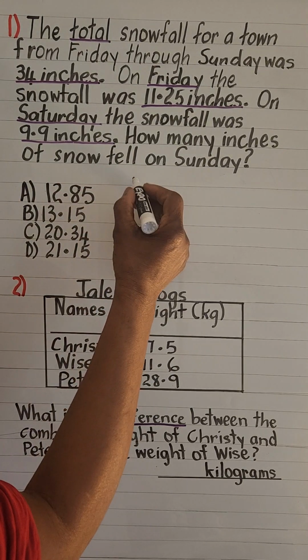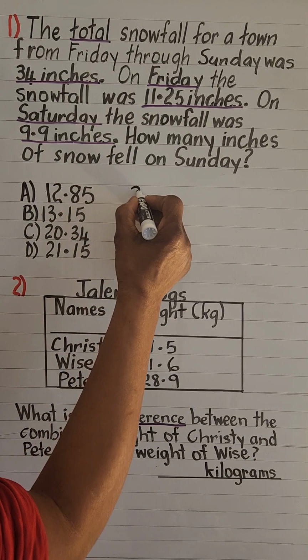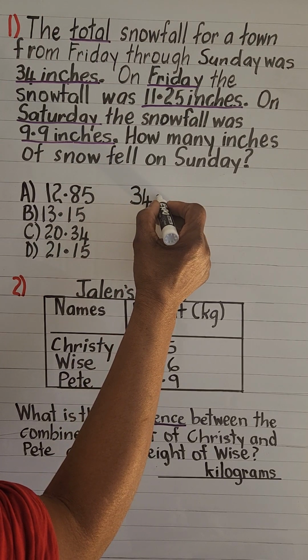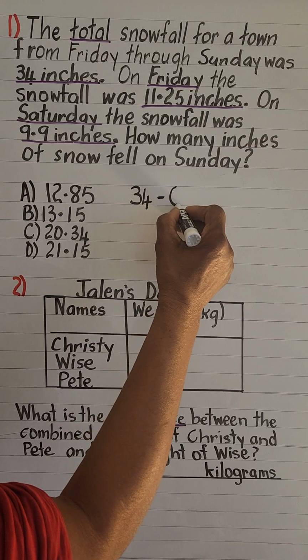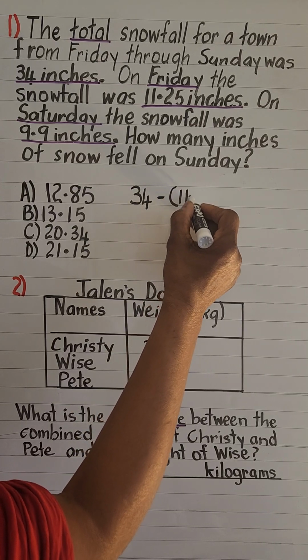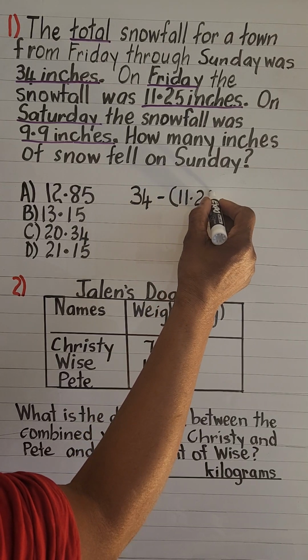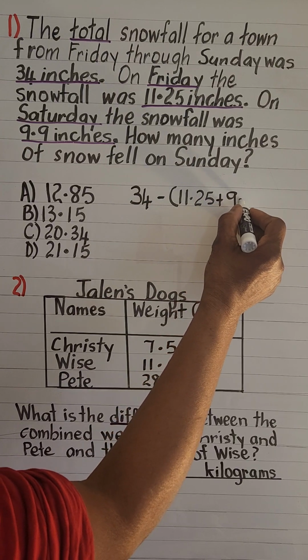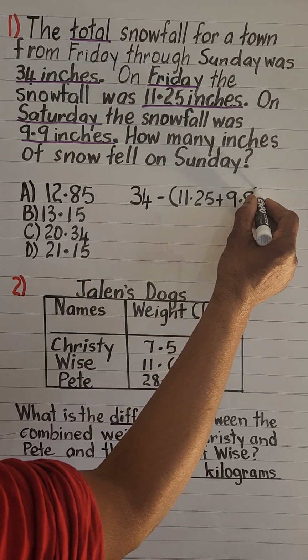So therefore, this is what we're going to do. 34 minus 11.25 plus 9.9.